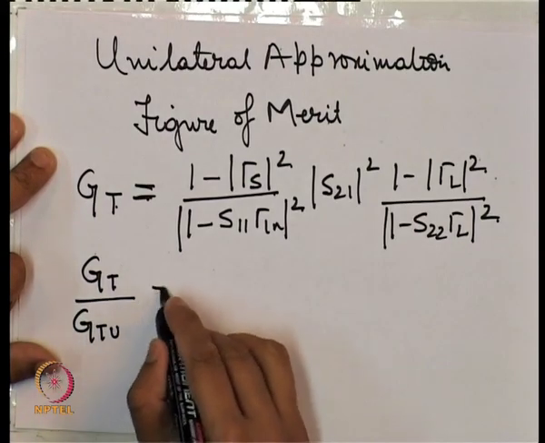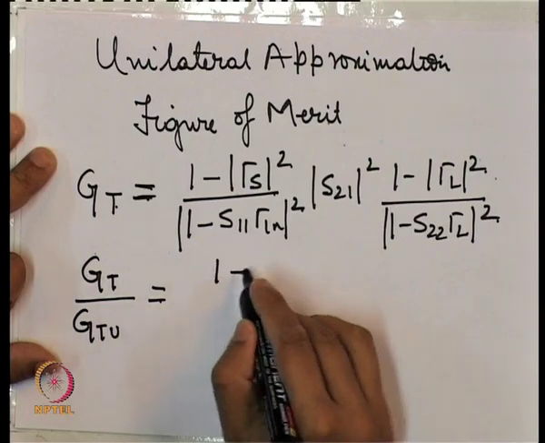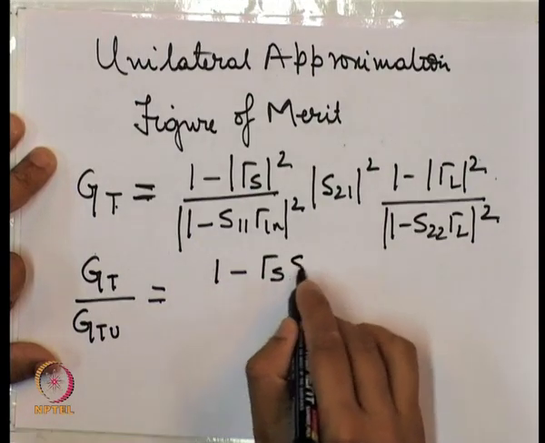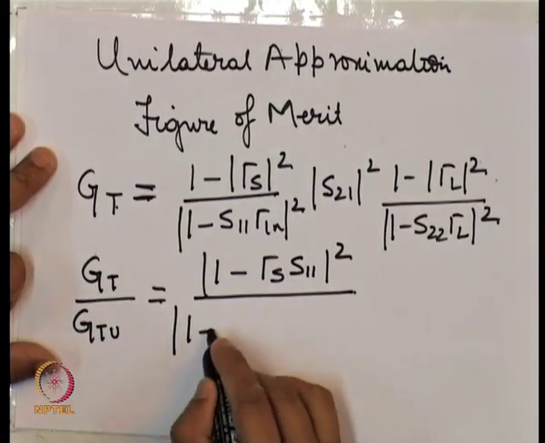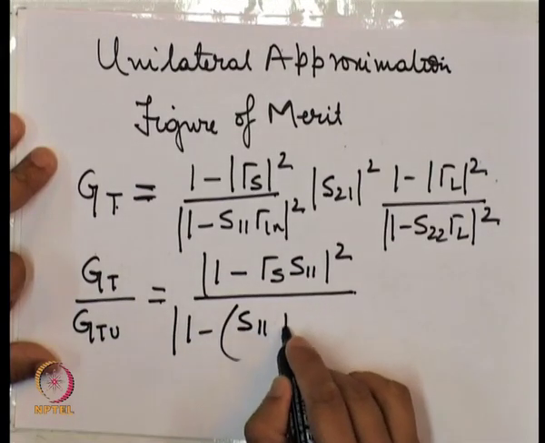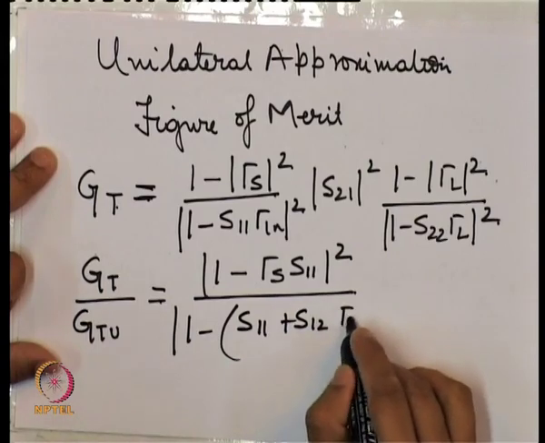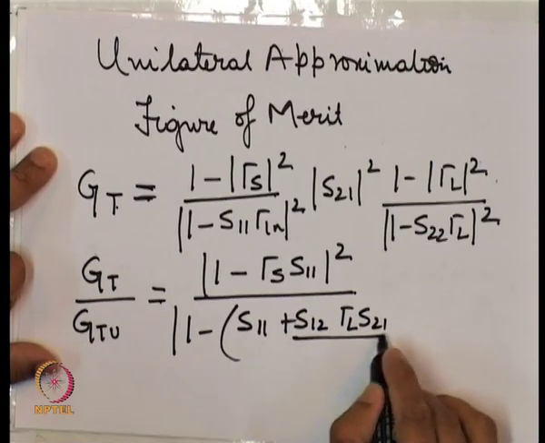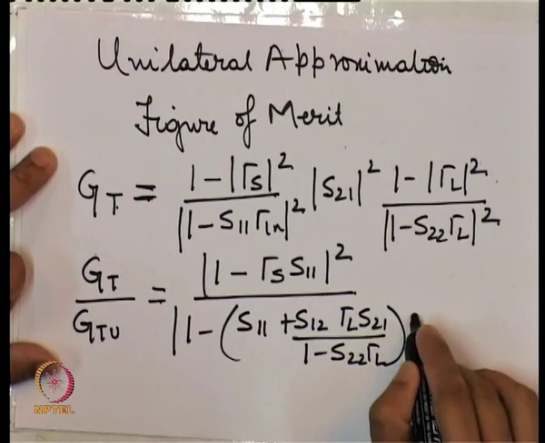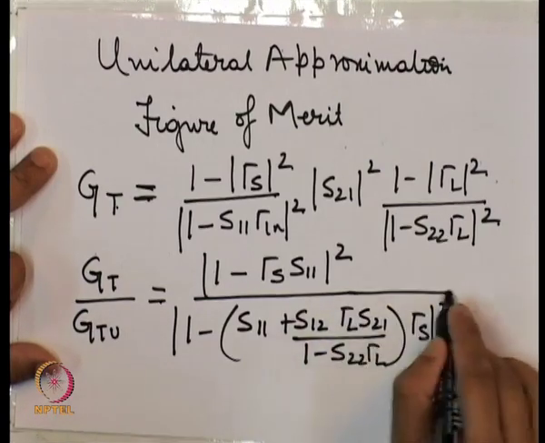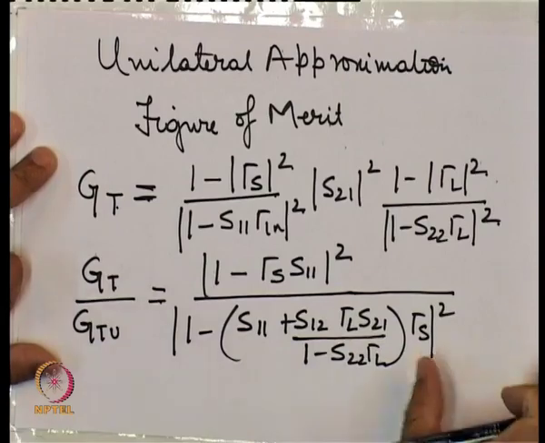Now, GT upon GTU will be given like this. And then on further simplification, this comes out to be like this.